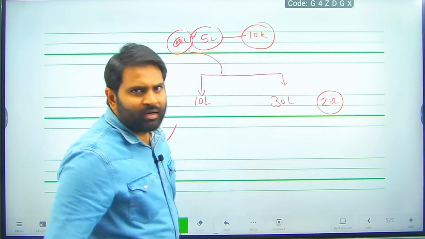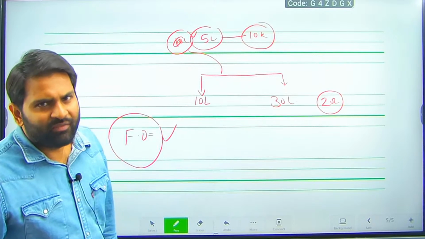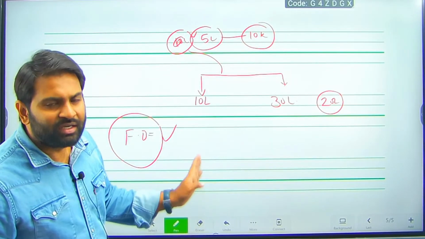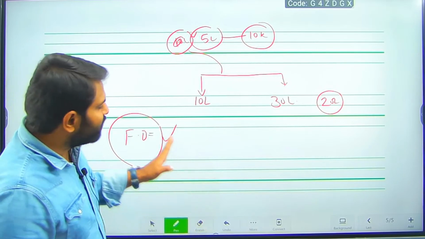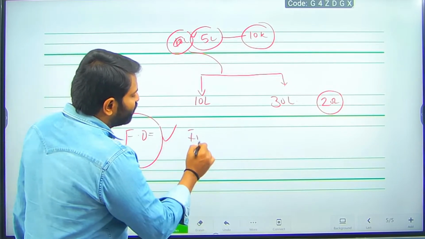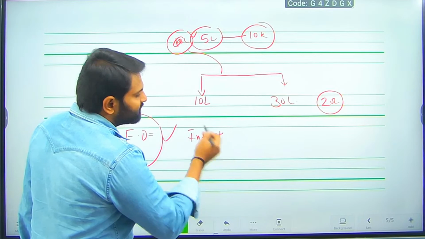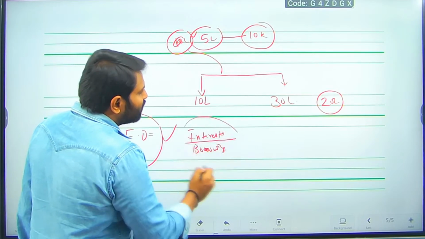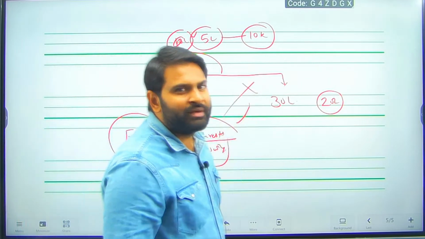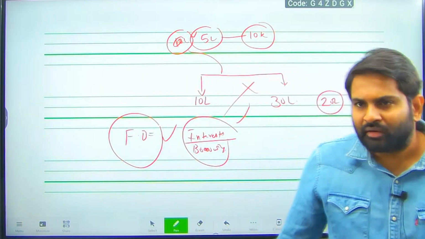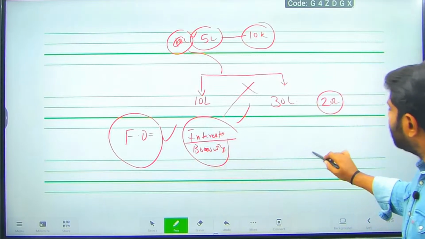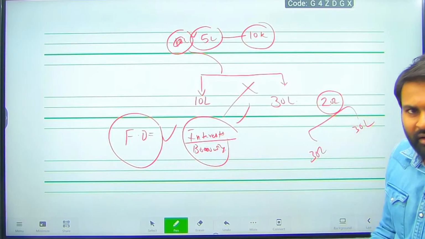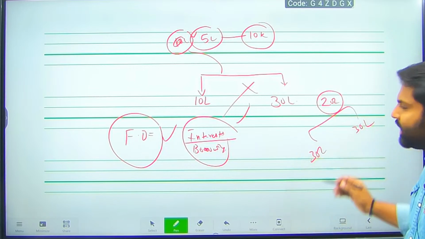If I remove that interest, if I remove the borrowings I do, then only I will understand the real picture of the business, right? If I add up and say that my business is like this, in this you understand nothing. 30 lakh is receipt, 30 lakh is expenditure.